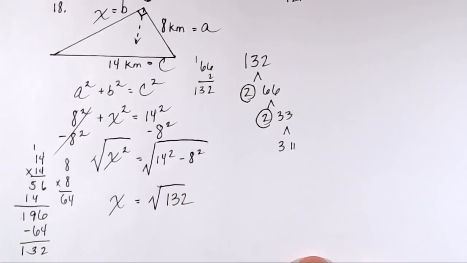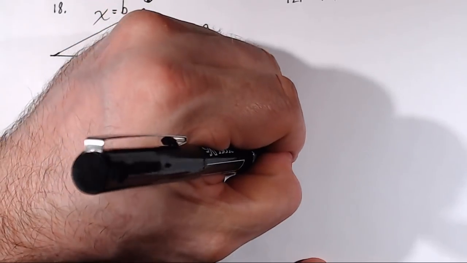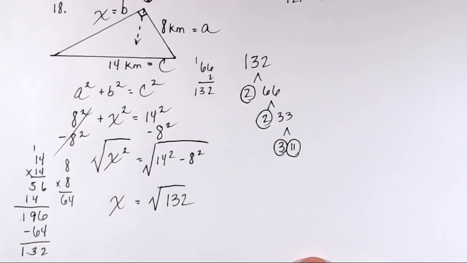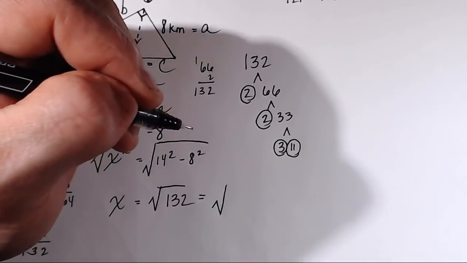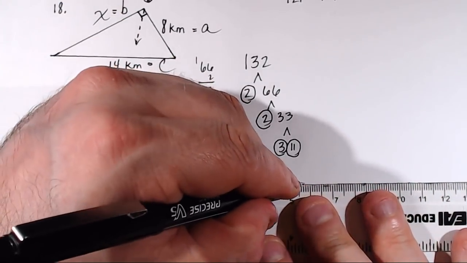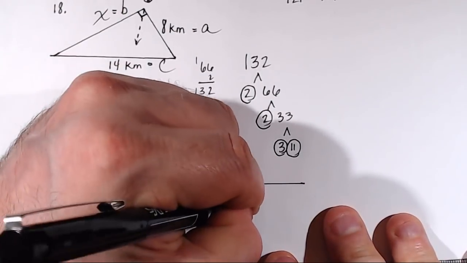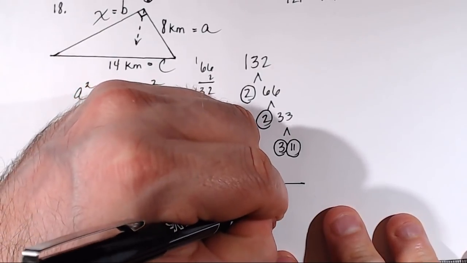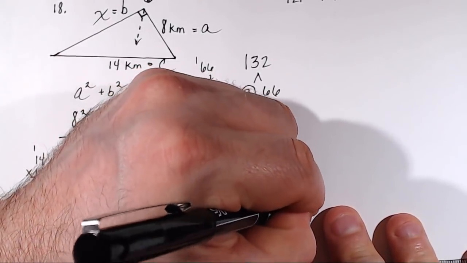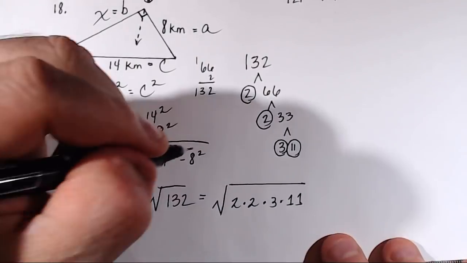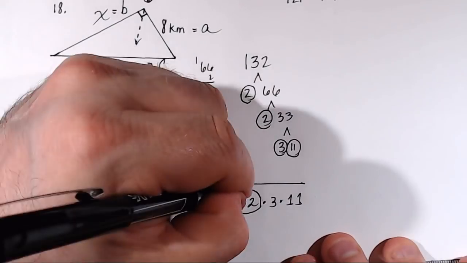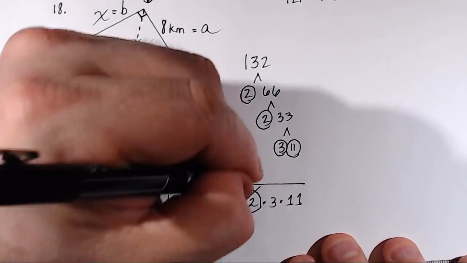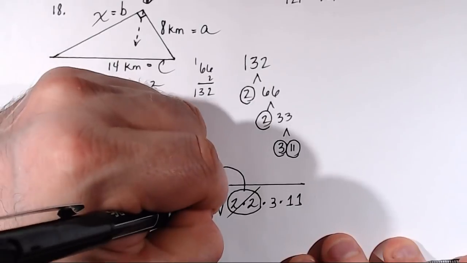And I already see my pair. See my pair of 2's? Then I got a 3 and an 11. So when I rewrite this, this equals the square root of the product of all these primes: 2 times 2 times 3 times 11. Okay, so now I'm taking the square root, and I'm going to simplify this square root by crossing these out and pulling out 1, 2.